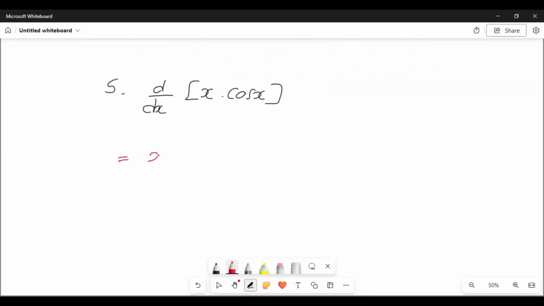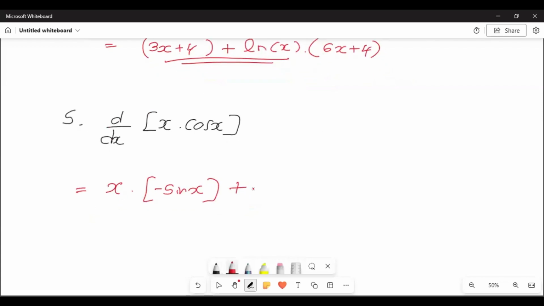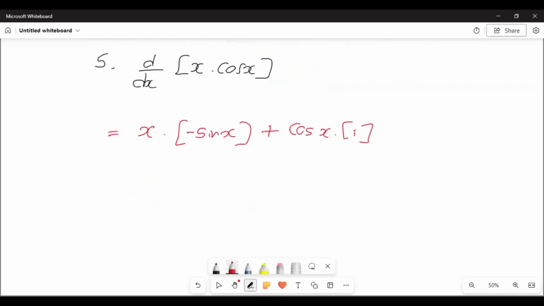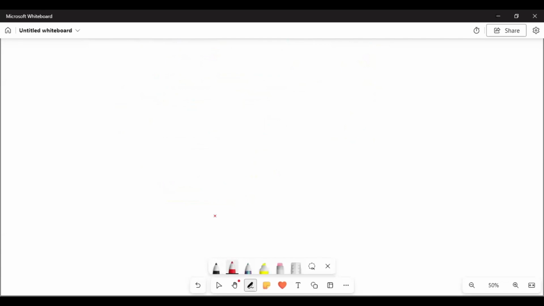It's going to be x times cos x, that's going to be negative sin x, plus cos x times 1. So it's going to be cos x minus x times sin x. Okay, now let's move into chain rule questions.